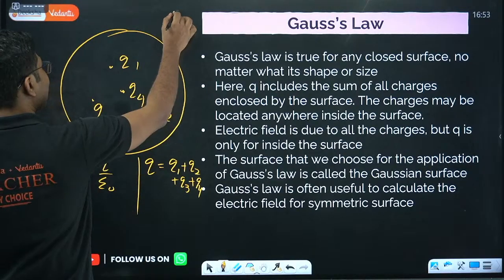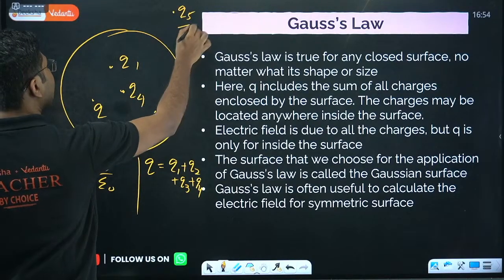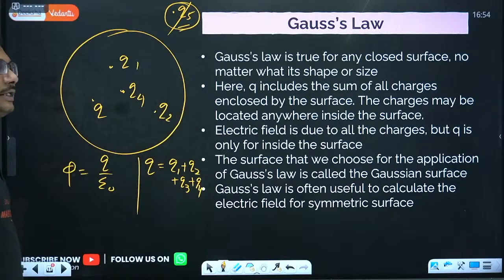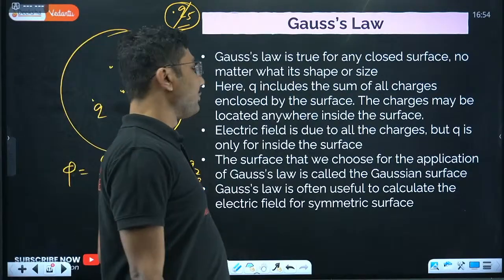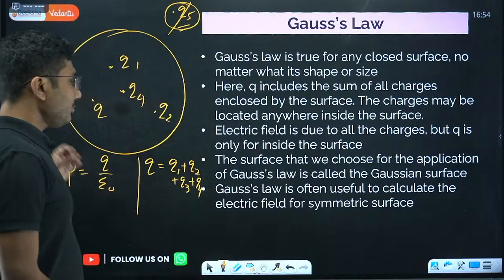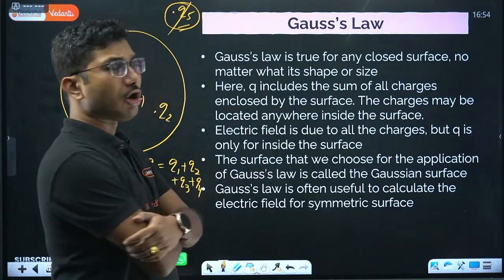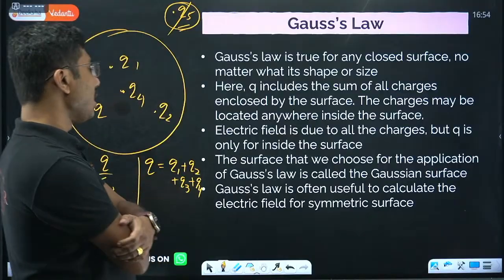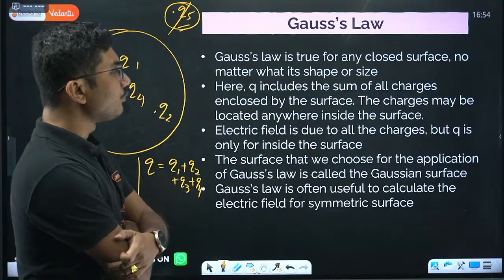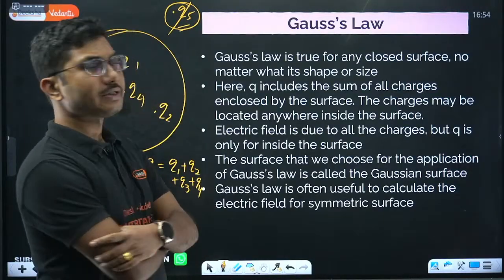Okay, any charge located outside, that charge we will not consider. The surface that we choose for the application of Gauss's law is called Gaussian surface. Gauss's law is often useful to calculate the electric field for symmetric surface.